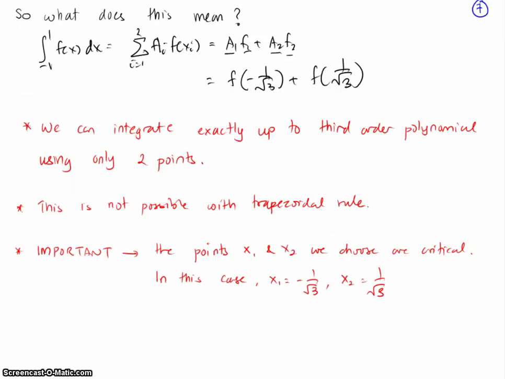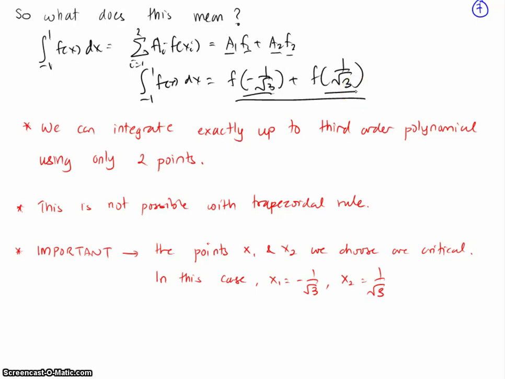So this equation that we write here, where the integral from minus 1 to 1 of f(x) dx is equal to this, tells us that we can integrate exactly up to a third order polynomial using only 2 points, or evaluating the function at these 2 points here. Why is it that we can evaluate a third order polynomial?